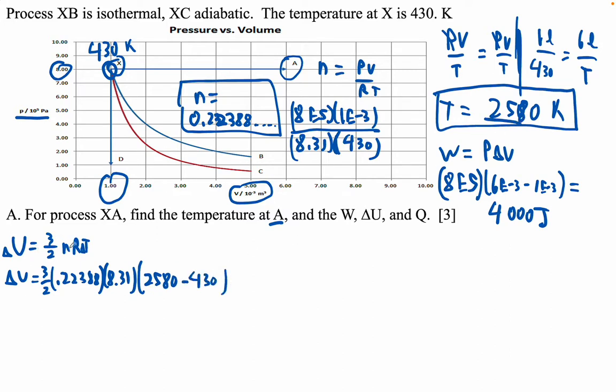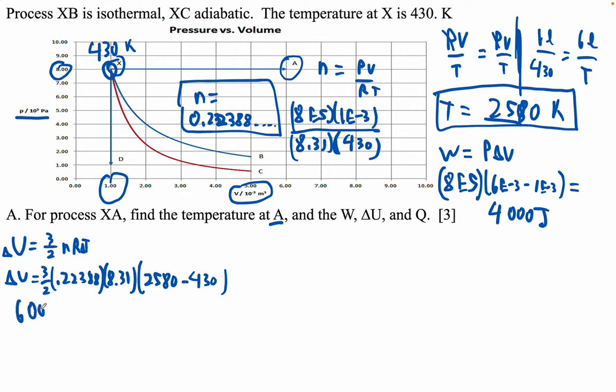So we're doing 3/2 moles times the ideal gas law constant times the change in temperature. Let's do that. 3 divided by 2 times the answer I just got, times 8.31 times parentheses 2580 minus 430. And I get 6,000 exactly.